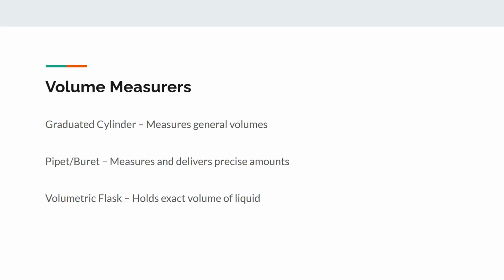My teacher was huge on this because the graduated cylinder is what we use most of the time to measure volumes, and that's pretty accurate, right? Although the pipette is definitely accurate, and a volumetric flask is also really accurate.